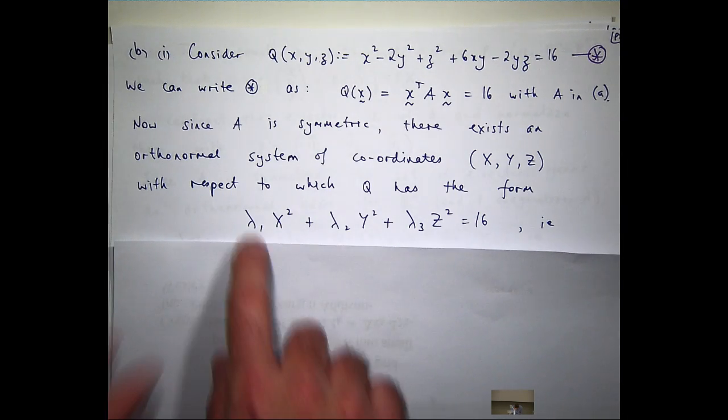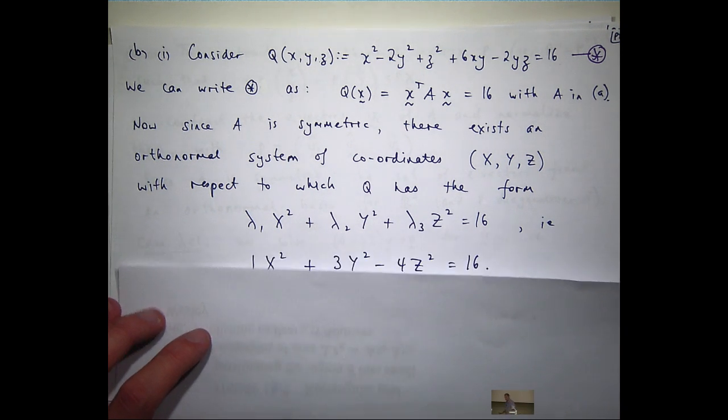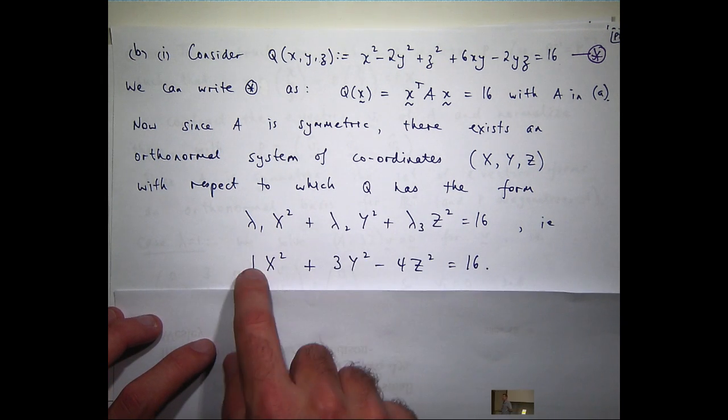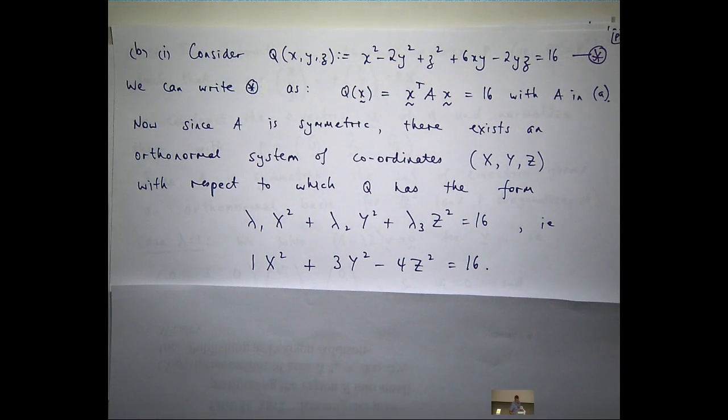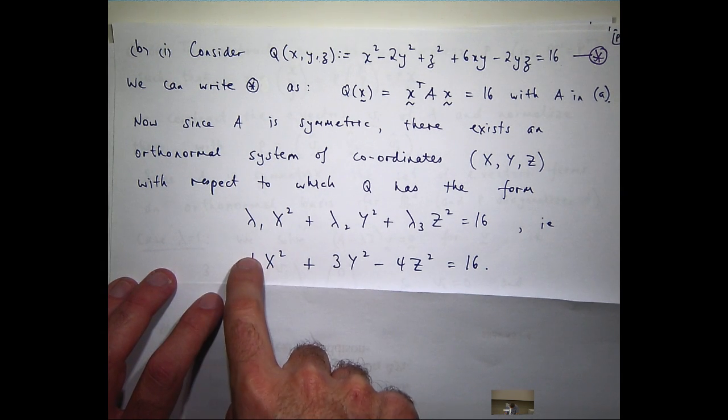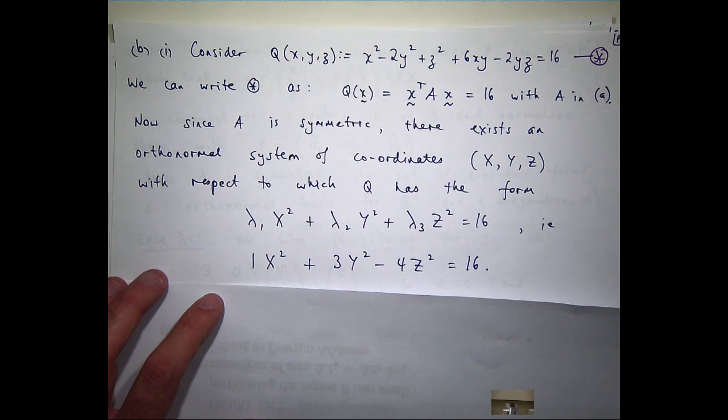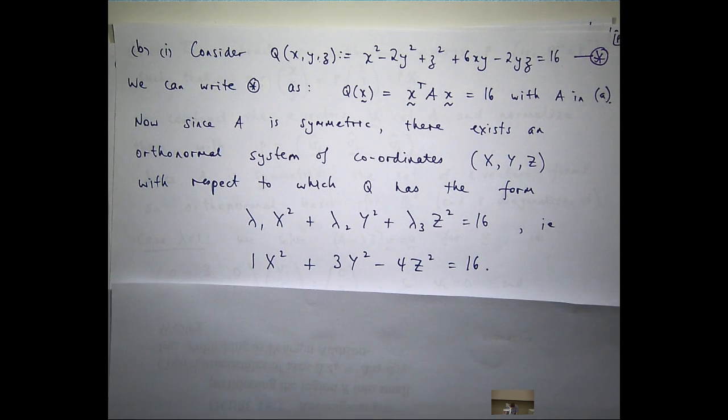Okay, so our lambda 1, lambda 2, lambda 3, I've labelled them as lambda 1 equals 1, lambda 2 equals 3, and lambda 3 equals minus 4. Now you don't have to put them in that way. If you put, say, the 1 here and the 3 here, you'd still be correct.